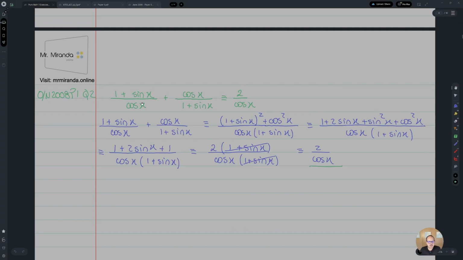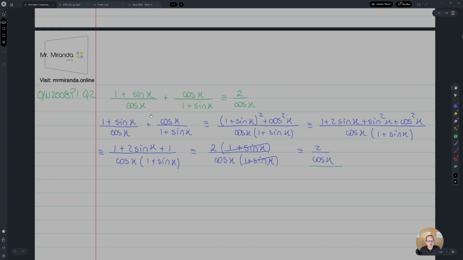So you have to combine this somehow, and the rule is always the same as in the previous questions. On this fraction, you have to multiply top and bottom by that. On this fraction, you have to multiply top and bottom by that. That's what I did from here to here.